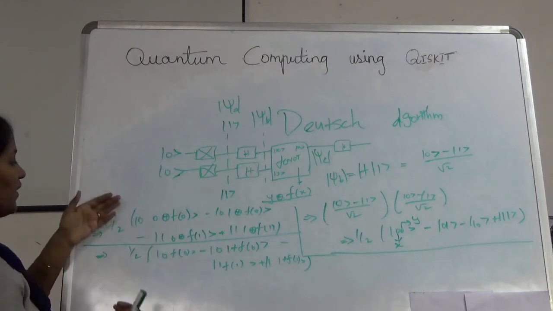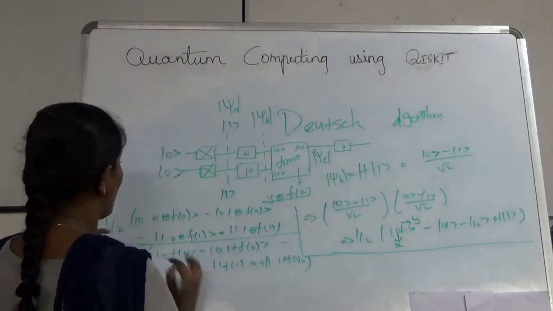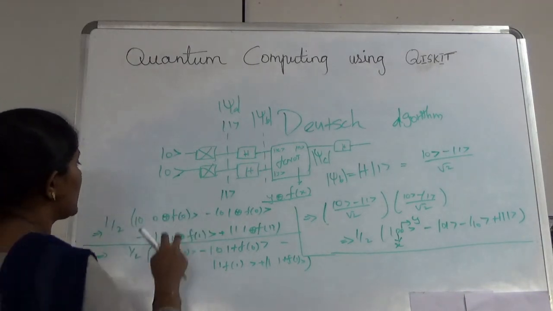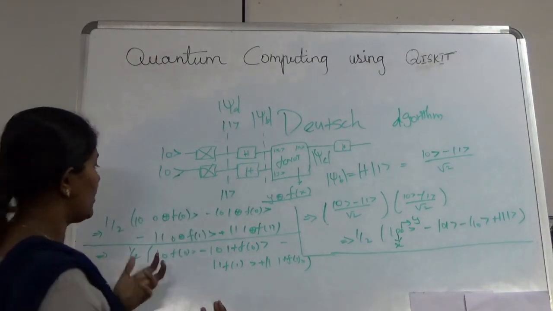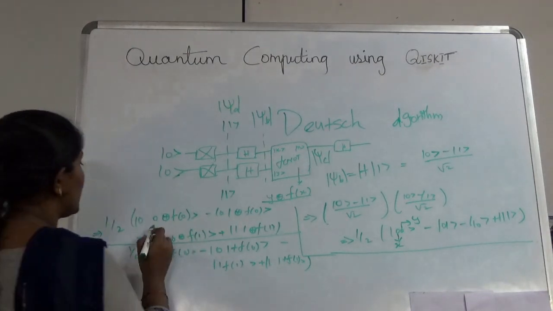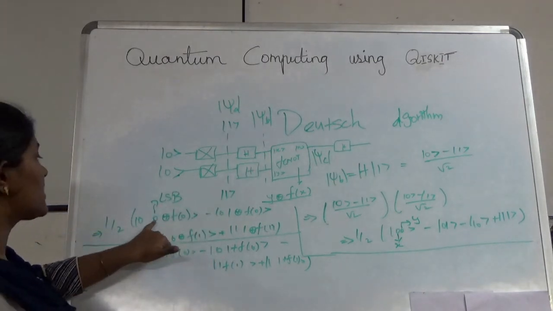After that, this is simplified to this. If we apply the CNOT gate between 0 and f of 0, there will be no flip. This will not be flipped because the LSB is the least significant bit.